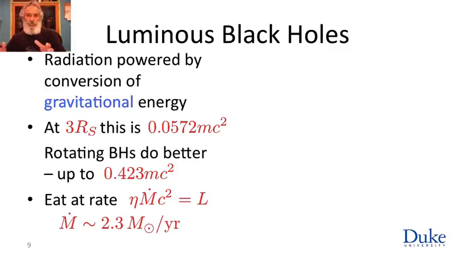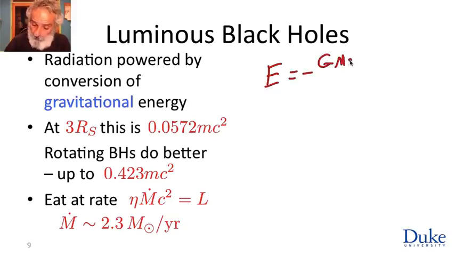But let's imagine that all of the light is emitted, as we suggested, from about the innermost stable orbit at 3 Schwarzschild radii. What's the gravitational energy of an object at 3 Schwarzschild radii? We have a non-relativistic expression for the total energy of an object orbiting at a distance r from another object. We've computed this and used it several times.